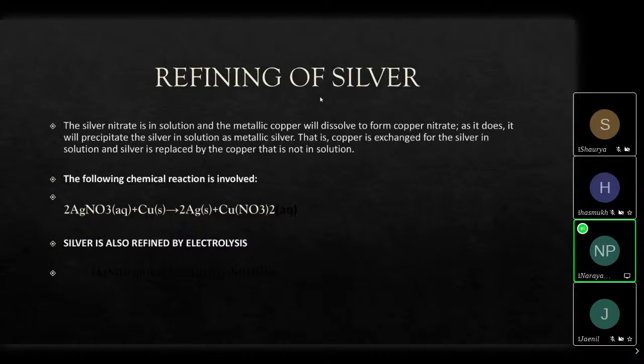There's an equation there with aqueous silver nitrate and copper, and how silver is deposited and copper nitrate, cupric nitrate as it's called, is formed. Silver is also refined by electrolysis. So there is a chemical method and an electrical method.